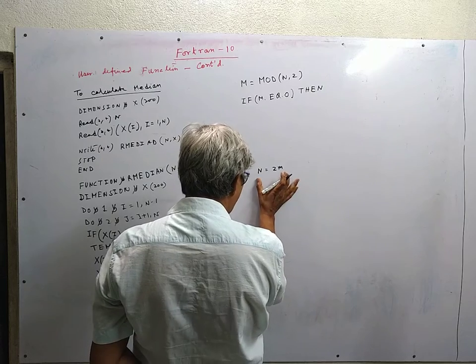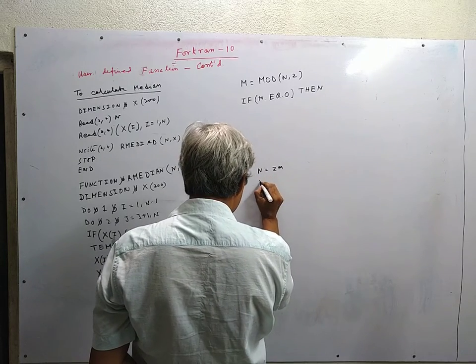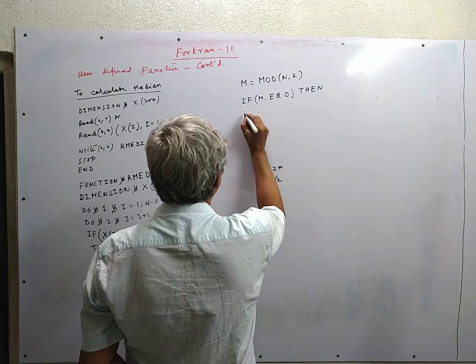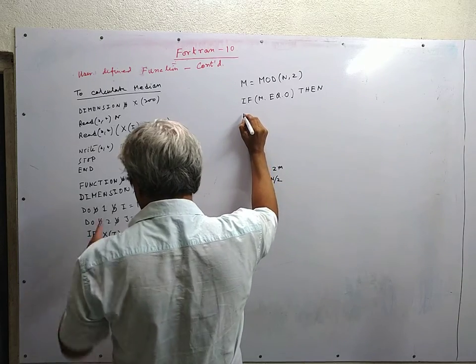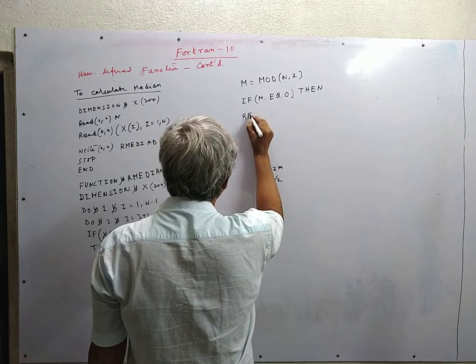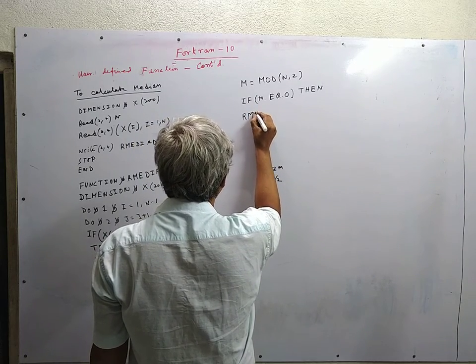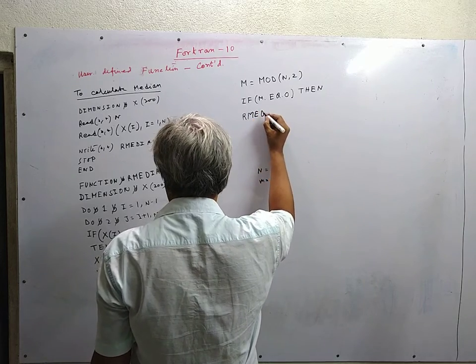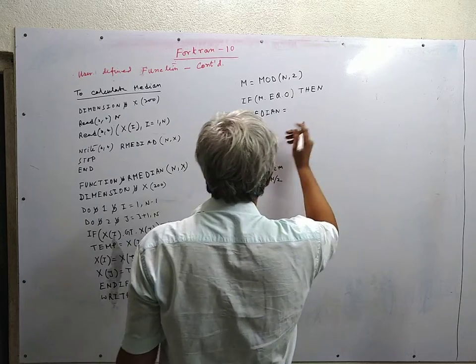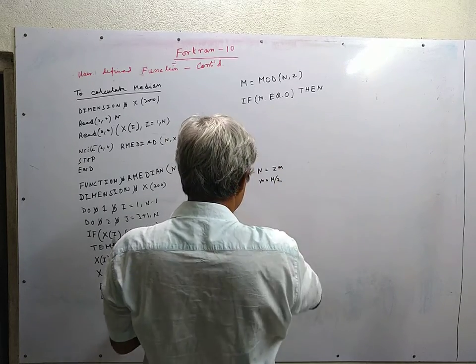So we need to find out m. So m is equal to n by 2. So our median, first we write m.